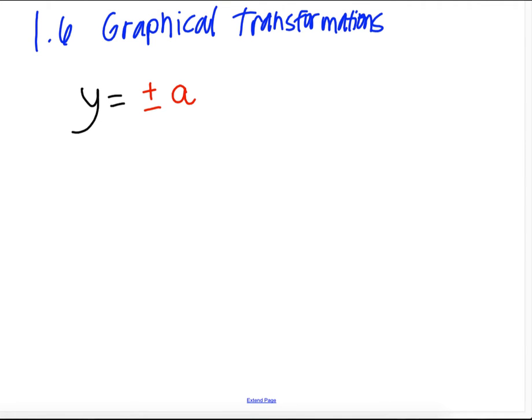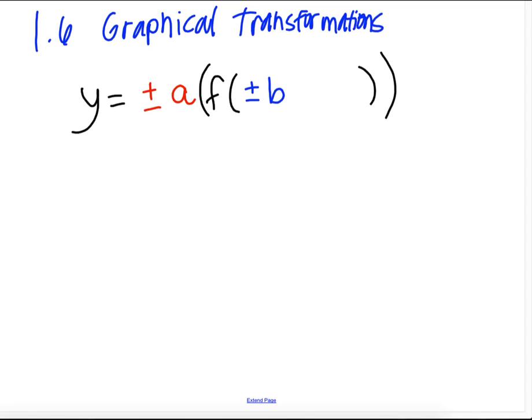And then what's happening right here is your function. It can be any of the parent functions that we use, so whatever function goes inside there. Anything that happens inside is going to affect your domain, not your range. So plus or minus b should go right there.